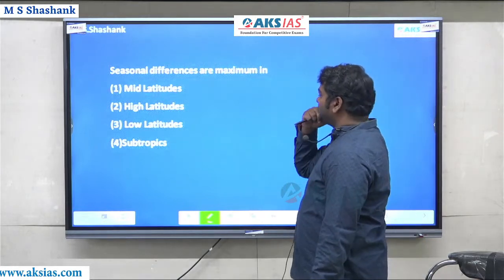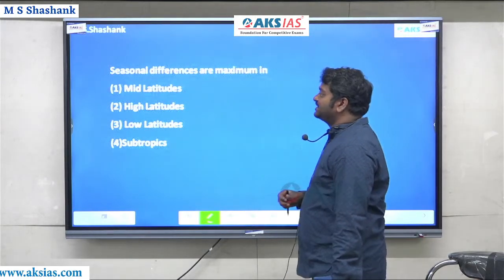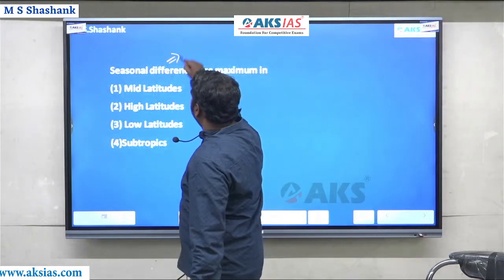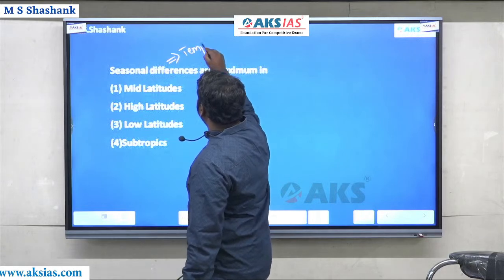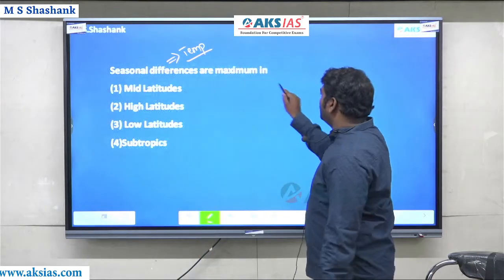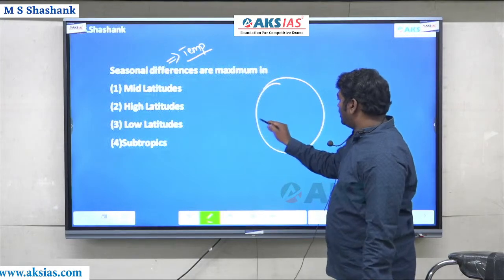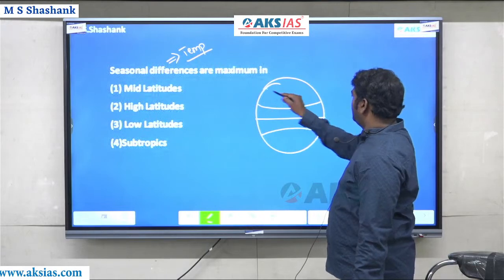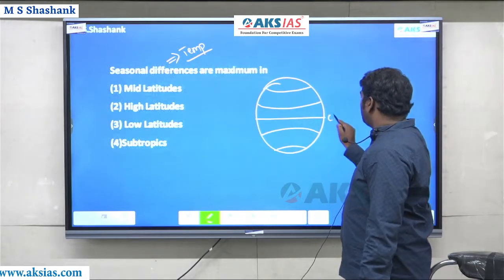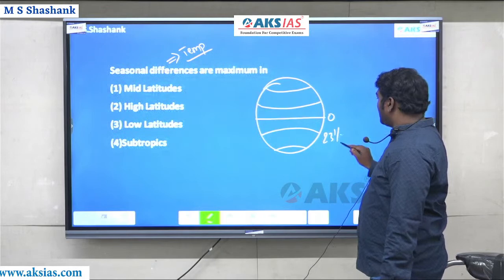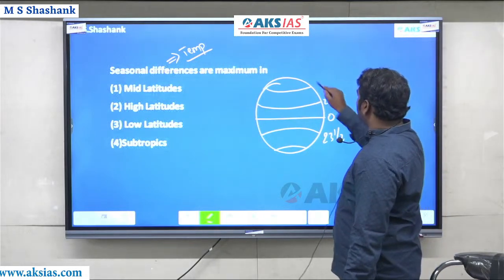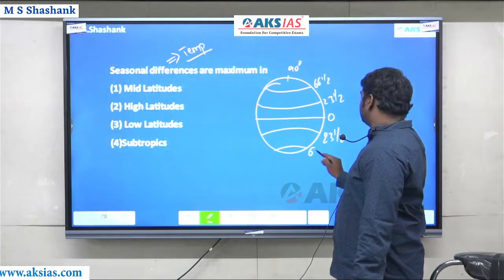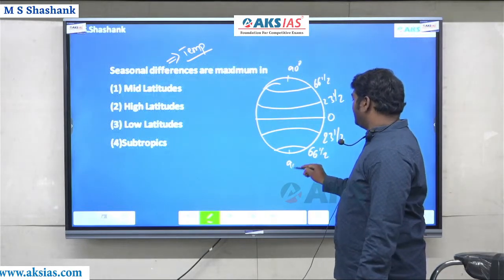Seasonal differences are maximum in. Seasonal difference means temperature differences. Now, if I say equator, 23 and half, 23 and half, 66 and half, 90 degree, 66 and half, 90 degree.